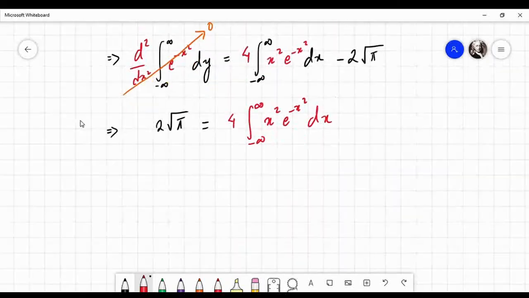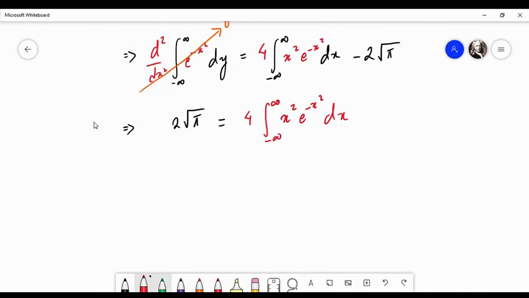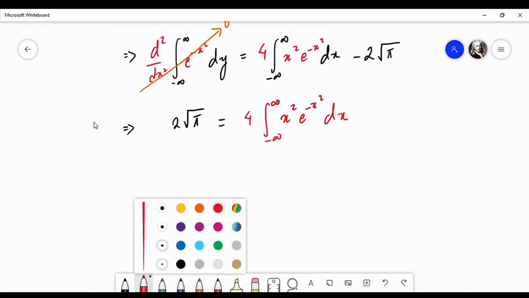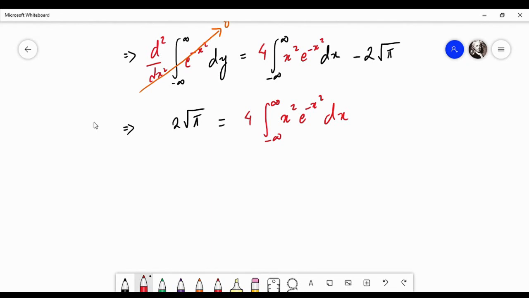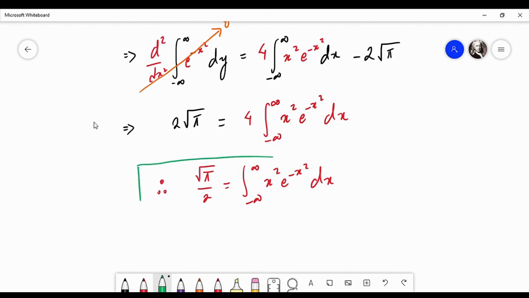We are left with a single integral now. Then I can say this is root pi over 2, which is what we had to prove. So this is our final result here.